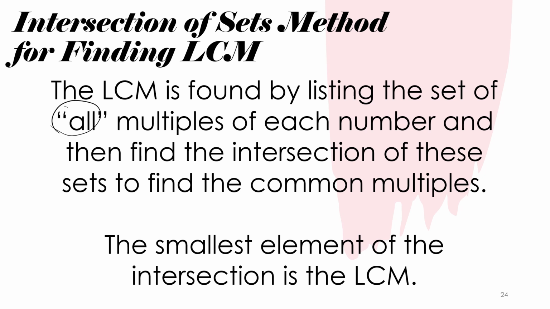You can't list all of the multiples of each number, but you're going to list the first 8 or the first 10 of the multiples, and then find the intersection of these sets to find the common multiples. The smallest element of the intersection is the least common multiple. Remember, with the greatest common factor, we were picking out the greatest factor that they had in common. This time we're looking at the smallest number that is in the intersection of those sets.